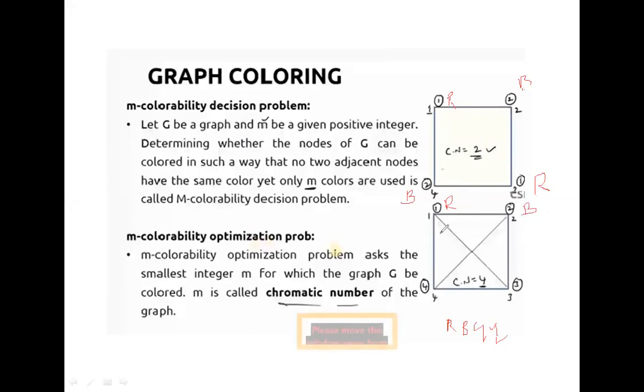Then here I cannot use either red or black because one of the adjacent vertices is red and another adjacent vertex is black. So I can represent it with green. And see here, these three adjacent vertices are different colors. So I have to choose another color, that is yellow. So this is called the chromatic number.